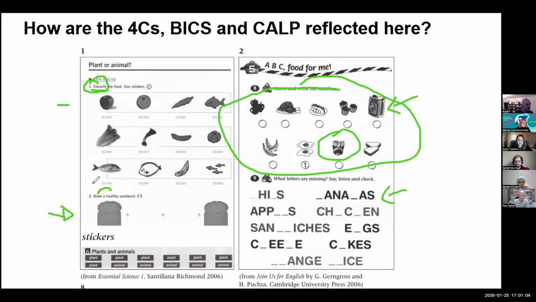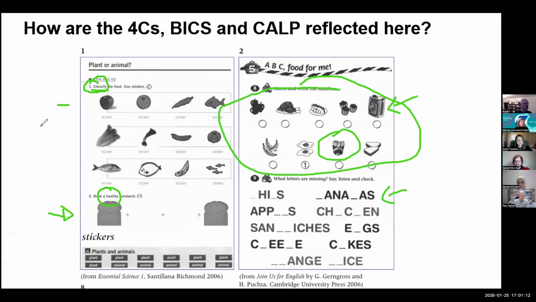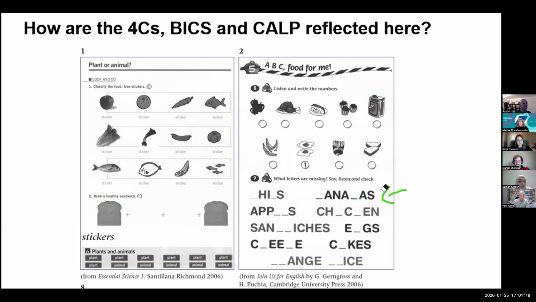What about this idea then? And I think that's again cultural, possibly. What is a healthy sandwich in your country? And do people eat sandwiches anyway in all countries? Yeah, that's true. Not in Spain. Exactly. Not in Saudi Arabia. I don't think so, unless the children have become so westernized that that's what they want to eat.